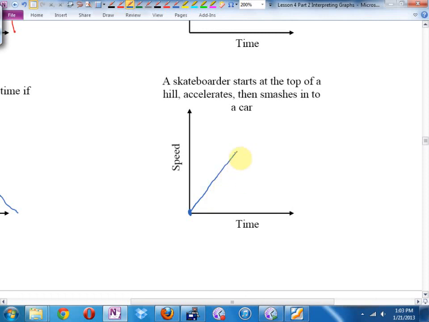Let's say they get to the bottom of the hill and they coast straight for a little while, so probably level off. How would I show them hitting a car? No, okay, we won't do that either.